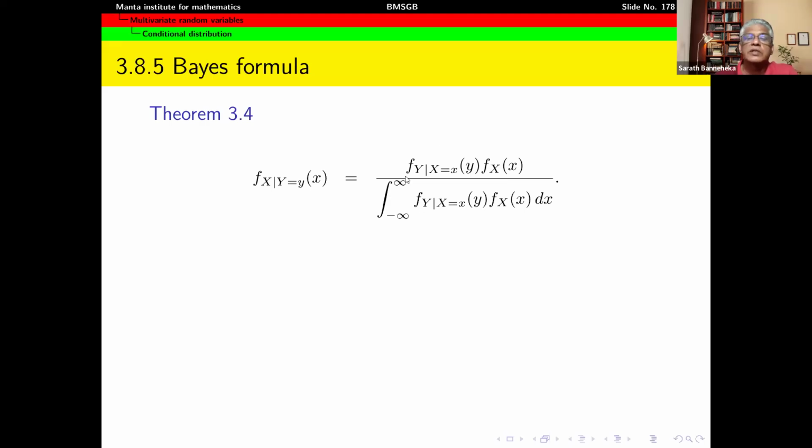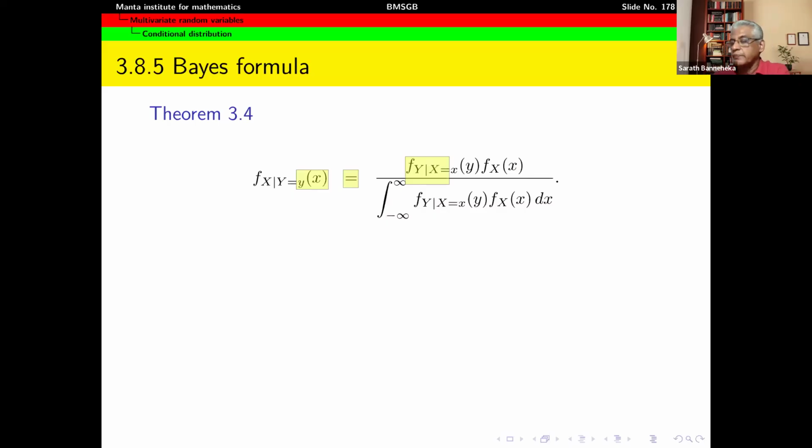Then using that knowledge, we try to find out the conditional distribution of x given y, right?